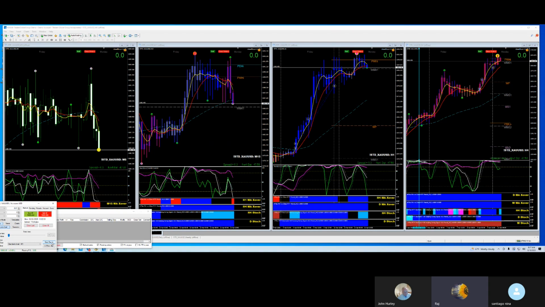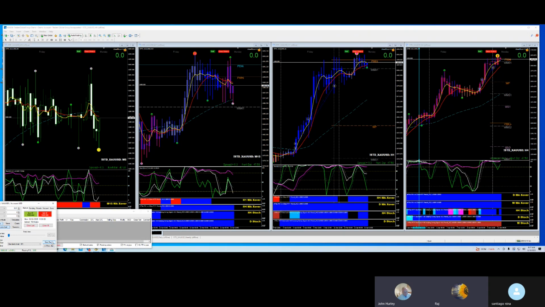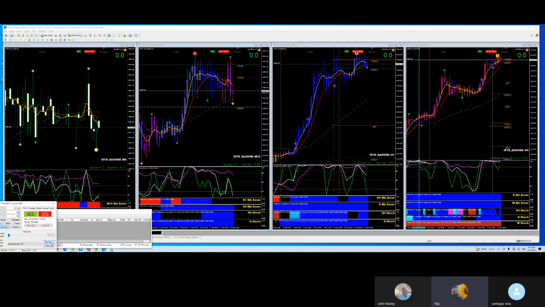Okay, 5 minute is going south now because the 60 has crossed the 50. All right. So it's bearish. And the 1 hour has come out of the 80 on the 13, so everything's looking to go south now.